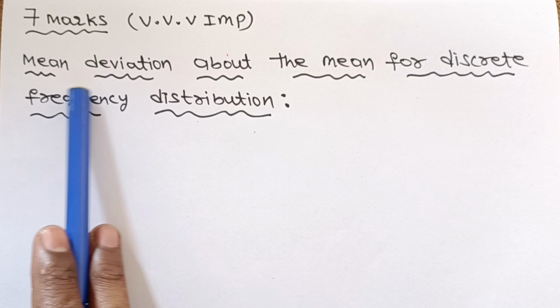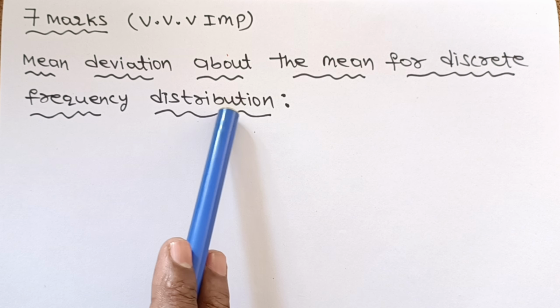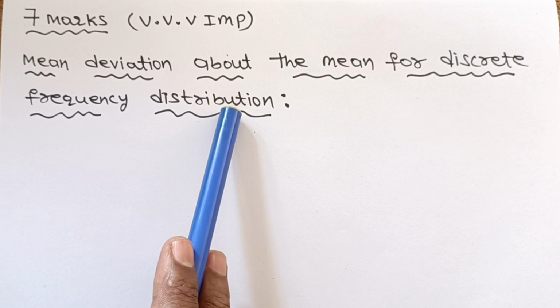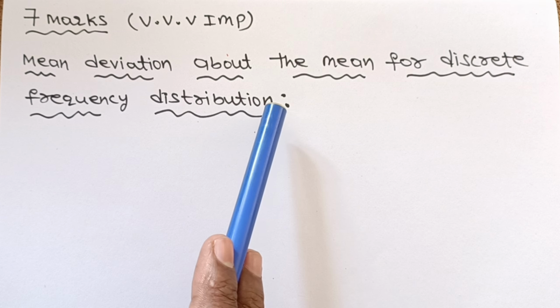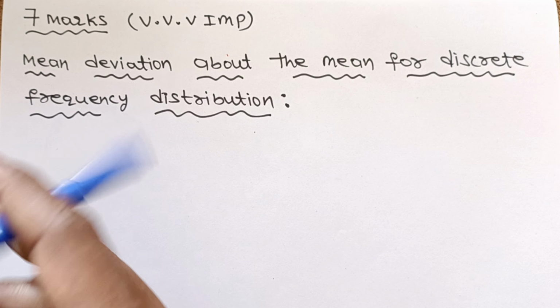So here, mean deviation about the mean for discrete frequency distribution. Clearly this is grouped data of the first type, that is discrete frequency distribution.